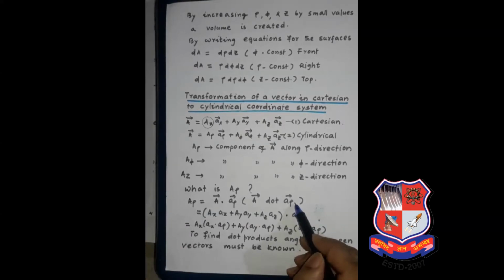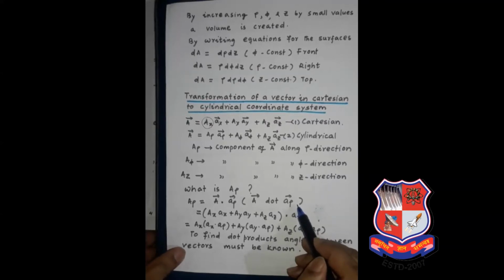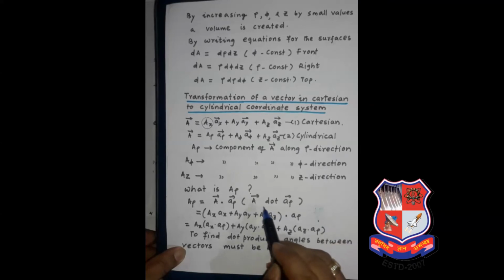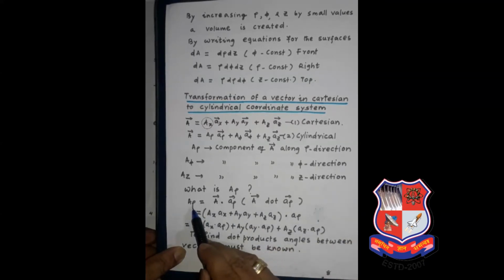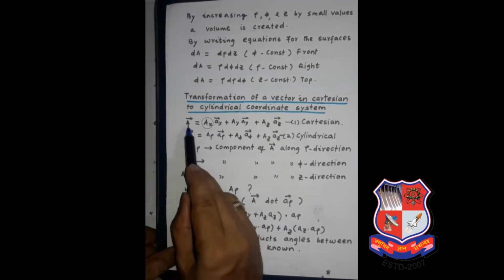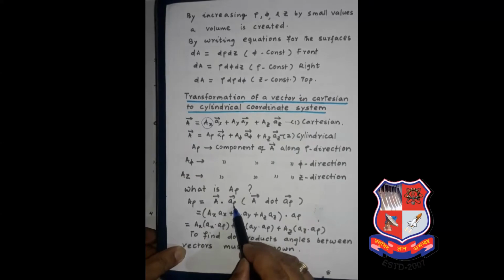If you want to find the component of a vector along some other direction, we have to take the dot product of the vector and the direction along which you want to find the component. So here, A rho means we want to find the component of vector A along rho direction. So that is A dot a rho.